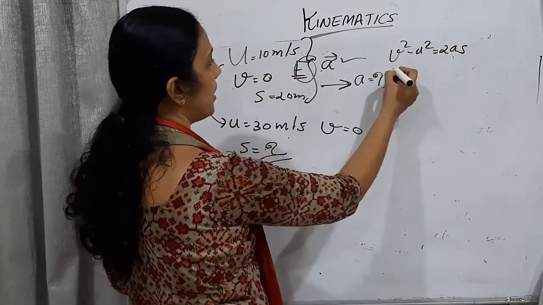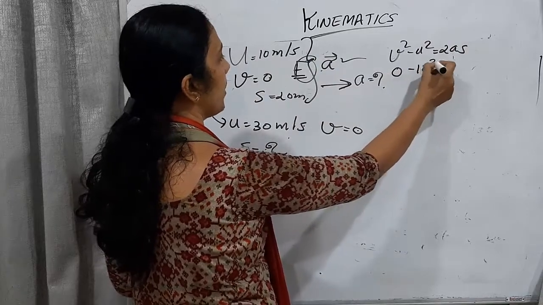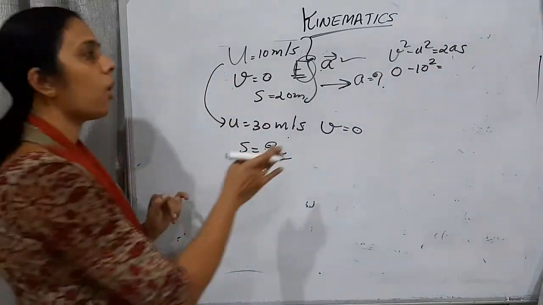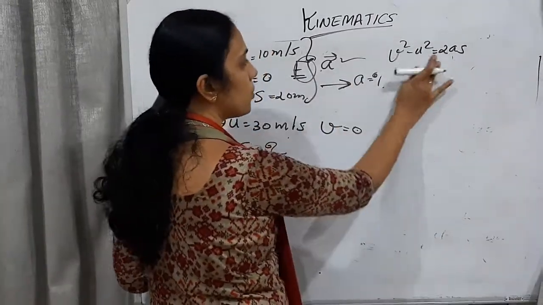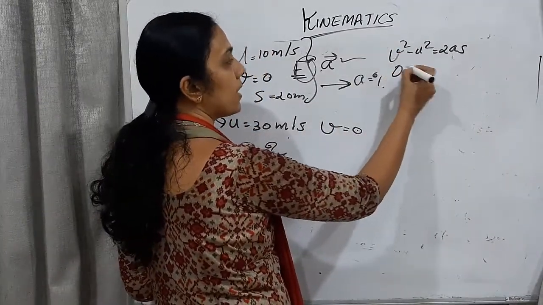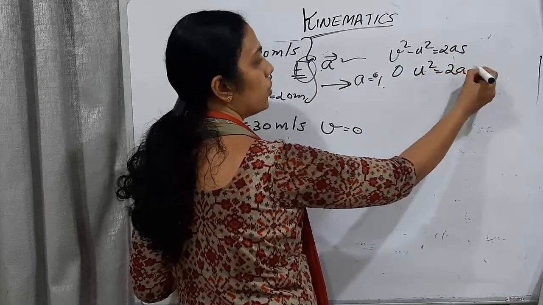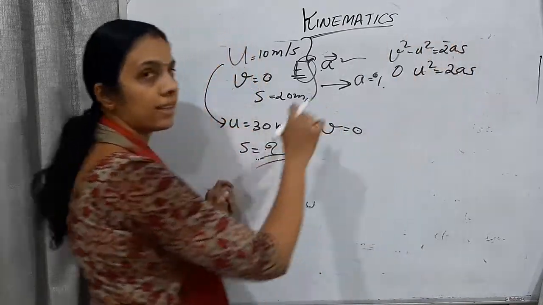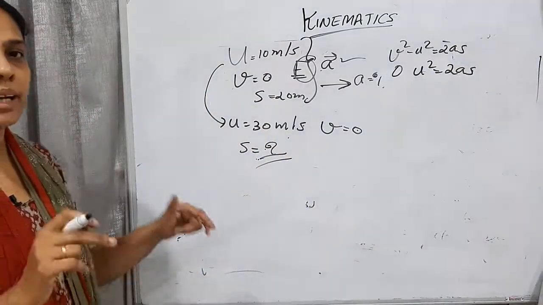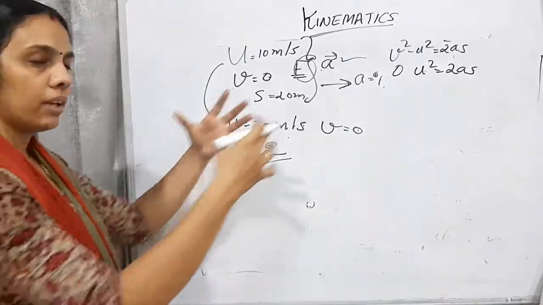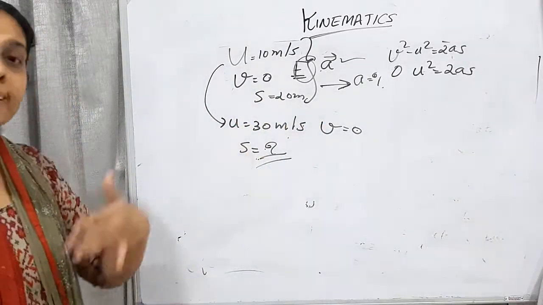For this you can opt for v square minus u square equals 2as, where v is 0, so u square equals 2as with negative acceleration. Why are we considering negative acceleration? Because it's a retardation. Right, it's coming to 0, velocity is decreasing.